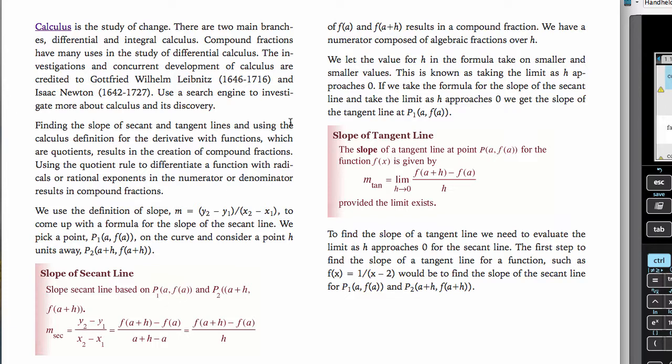When you study calculus, one of the concepts you study at the very beginning is the concept of limits. If we take the limit of this as h approaches 0, provided the limit exists, we come up with the slope of the tangent line.